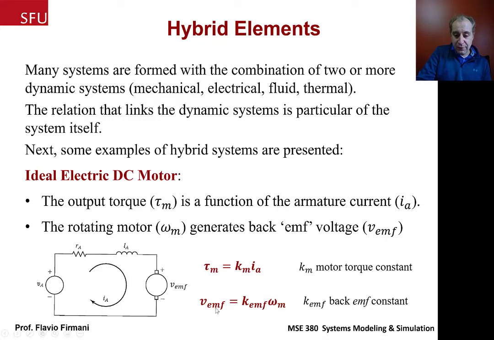The definition is that the voltage EMF is equal to the back EMF constant, K EMF, times the angular velocity of the rotor. So for an ideal electric DC motor, we're going to use these two relationships.